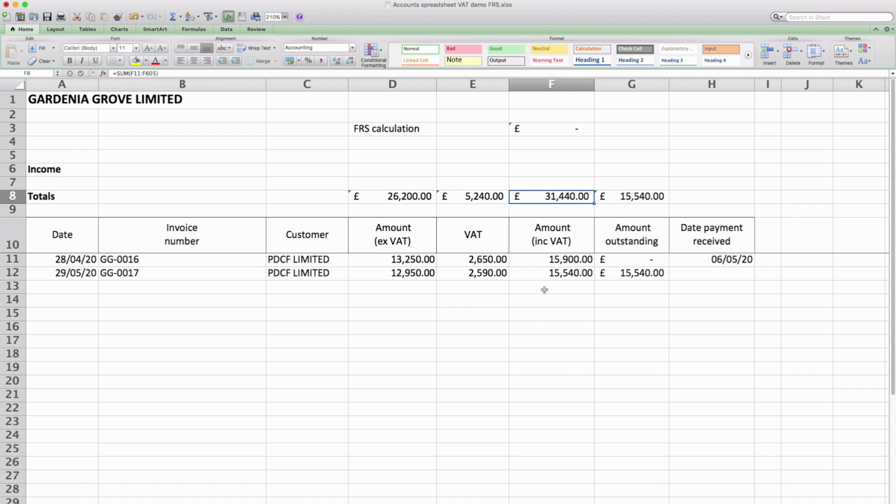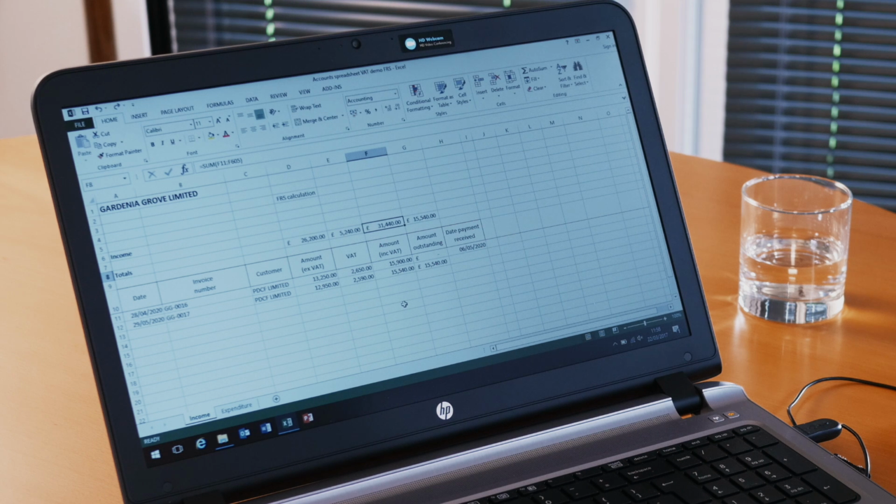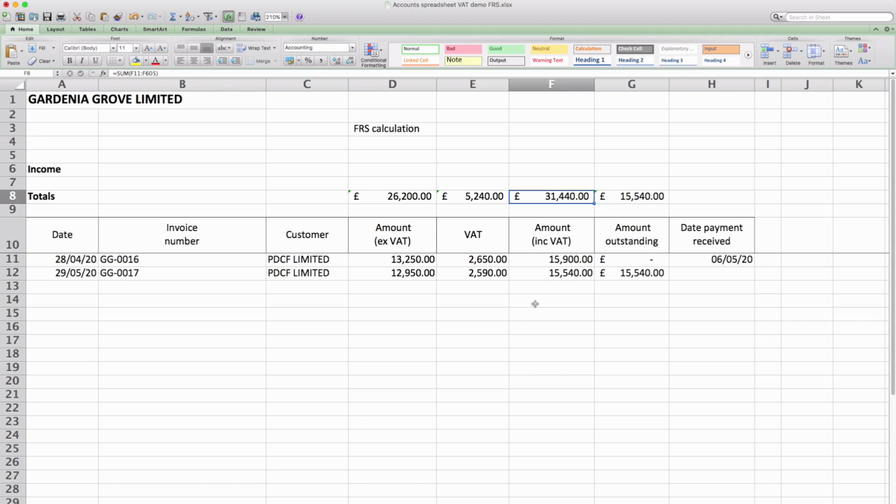So, for instance, plumbers and electricians will have a flat rate percentage that's much lower than someone who operates as a management consultant. So because most of my clients on the flat rate scheme are contractors, we're going to use the management consultancy rate of 14.5% for this example.